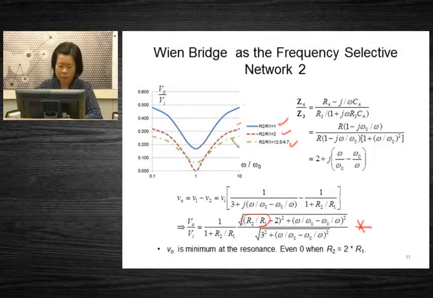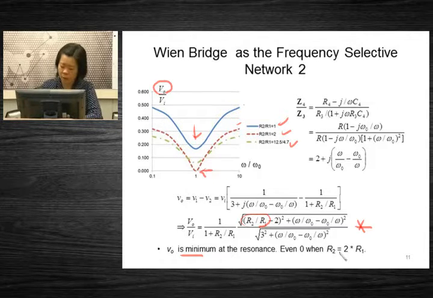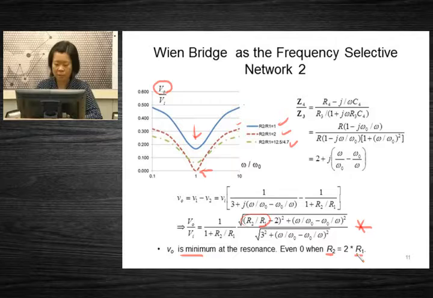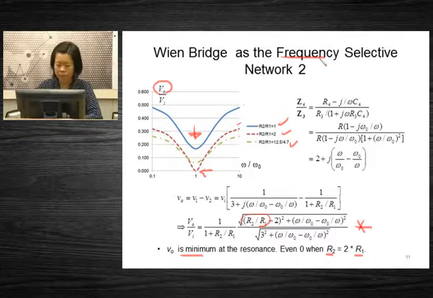What you find is the output value is minimum at the resonance, which is this part, and this can be even 0 when R2 is twice of R1. That's the ideal case or theoretical case. So we use this resonance part to find the frequency. That means we want to find omega 0.